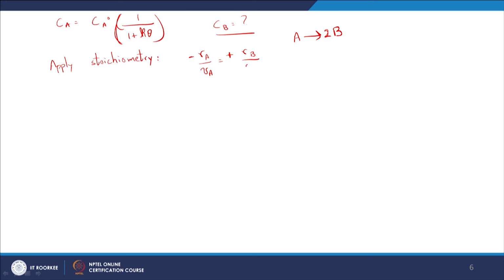B by stoichiometric coefficient of B. This is what we looked at earlier, and so from this you know that we have the relevant equation after integrating and so on. What is it that we have?